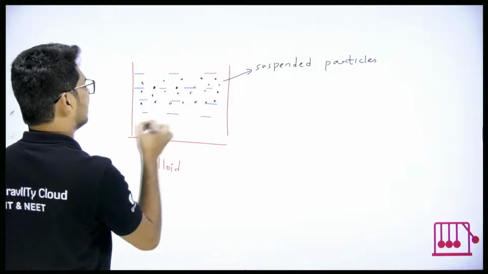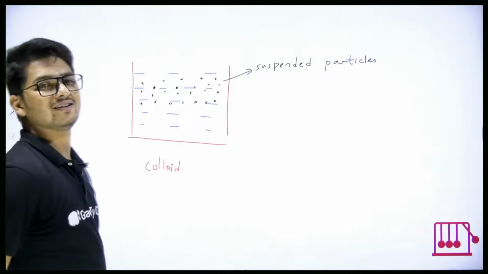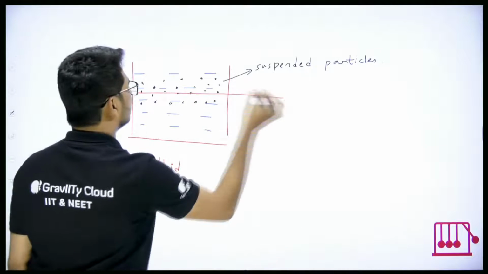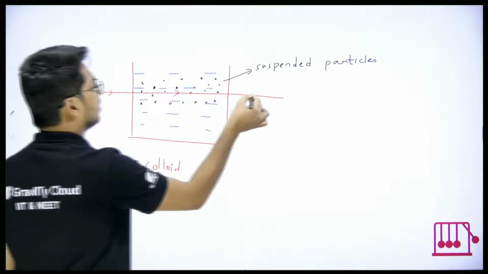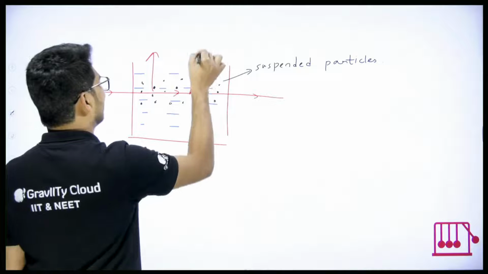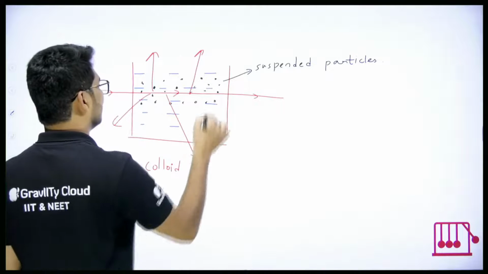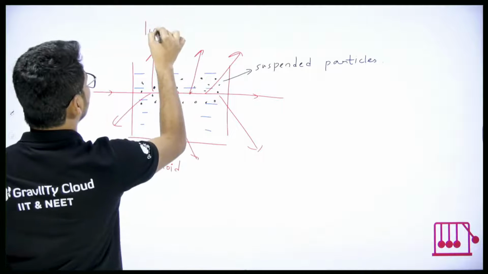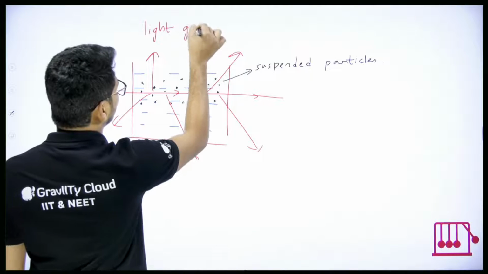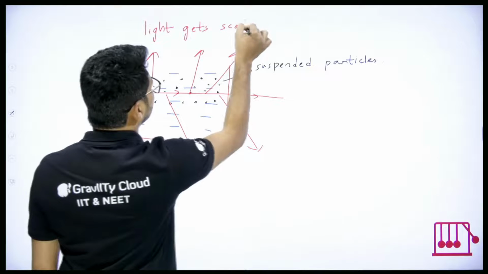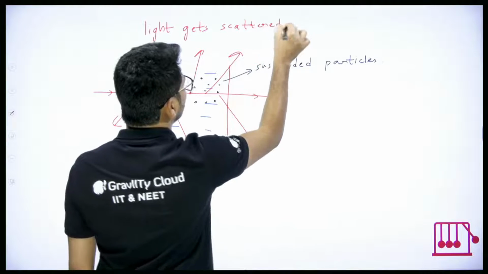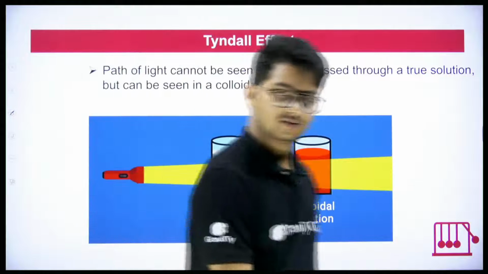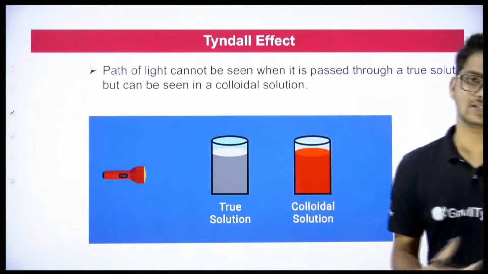So are there particles here? We can clearly see that there are particles in the solution. And when light passes through it, what happens to it? It gets scattered in every direction. Light gets scattered by what? By larger particles, because generally in a colloidal solution, the particles will be larger.